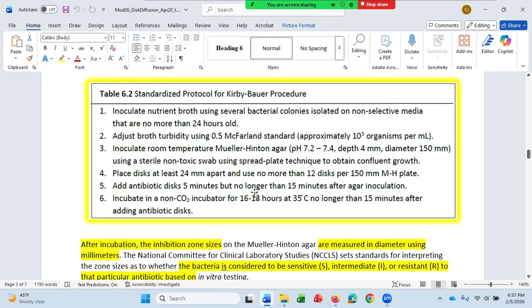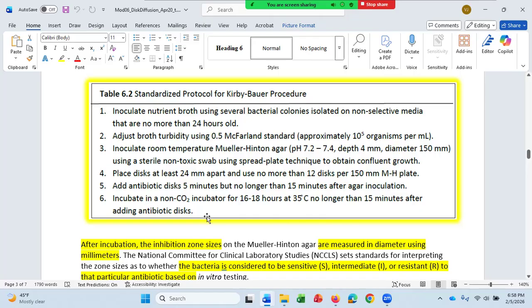You keep the paper discs at least 24 millimeters apart, no more than 12 discs on a 150 millimeter plate. You then incubate the plates in a non-CO2 incubator for 16 to 18 hours at 35 degrees Celsius, and you put the plates in the incubator no longer than 15 minutes after adding the antibiotic discs.